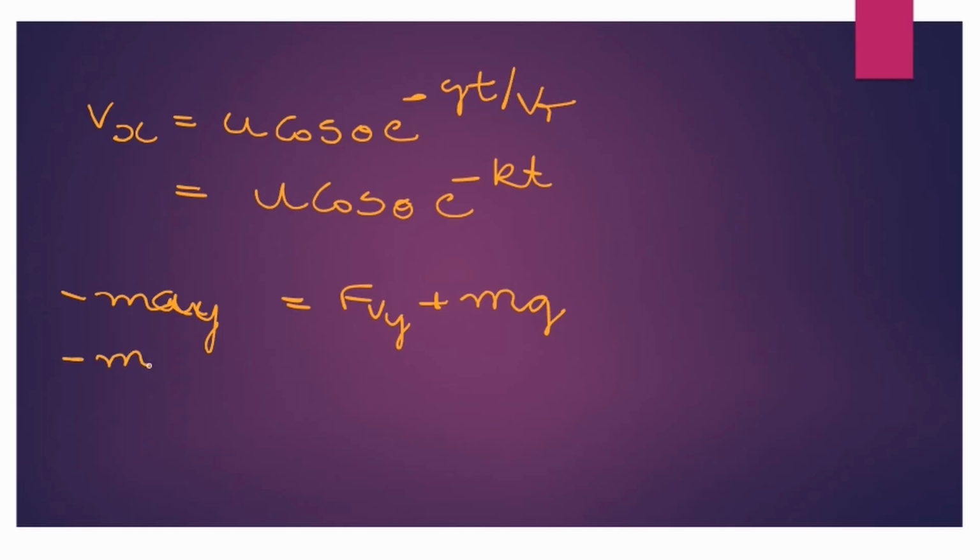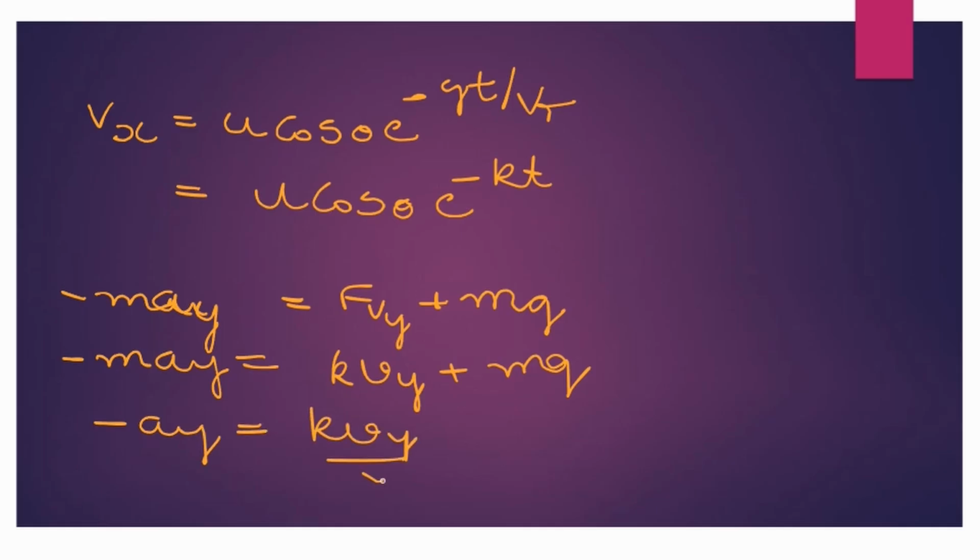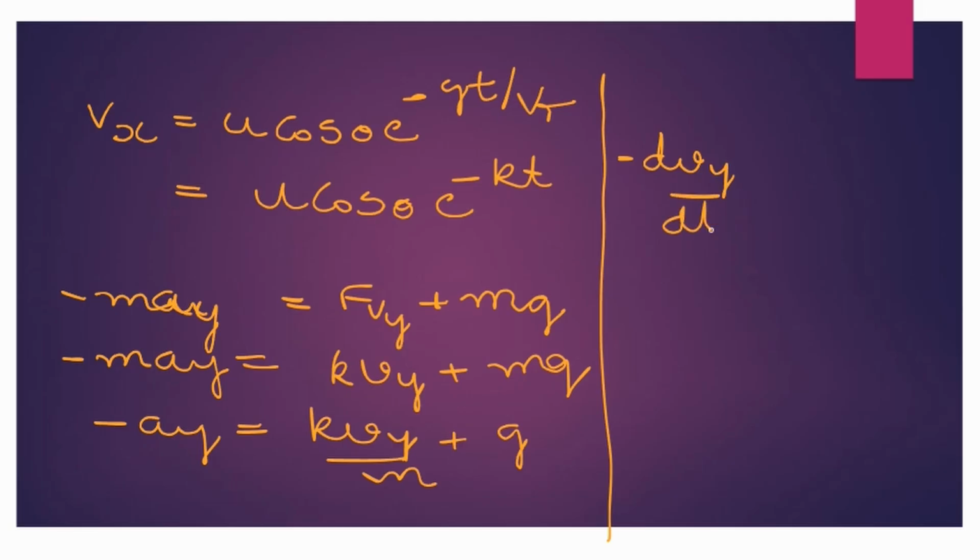So minus m times a_y is equal to F_vy. F_vy is nothing but k v_y plus mg. So simply I can say minus a_y is equal to k v_y by m plus g. Now if you want it to be solved, again minus dv_y by dt is equal to k v_y plus g.